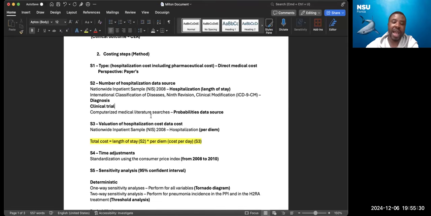Okay. And for the probabilities, I don't have the names here, but I showed you which database was used, and I've highlighted that in my article. So for example, they used the M-base, the midline and all that. So that's where they had their probabilities from. And these are the costing step 2.